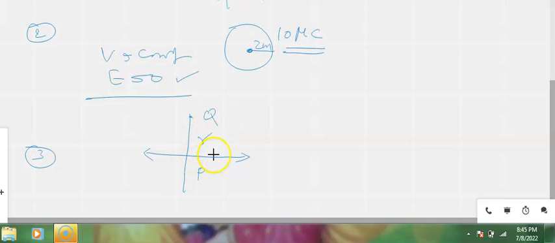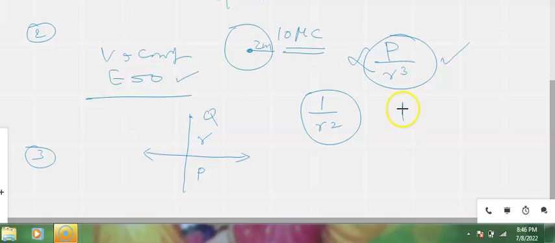We know that the electric field at Q is nothing but P by 4πε₀R cubed. If you remember the formula, then fine. But even if you don't remember the formula, if you know that the field is nothing but force, it will have the R squared dependence, and you should know that P is the charge into the distance.